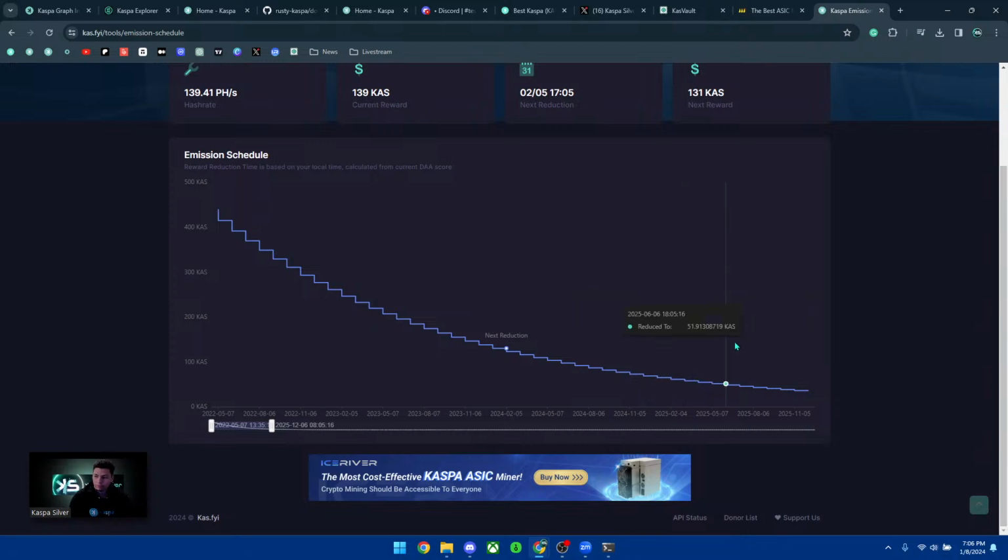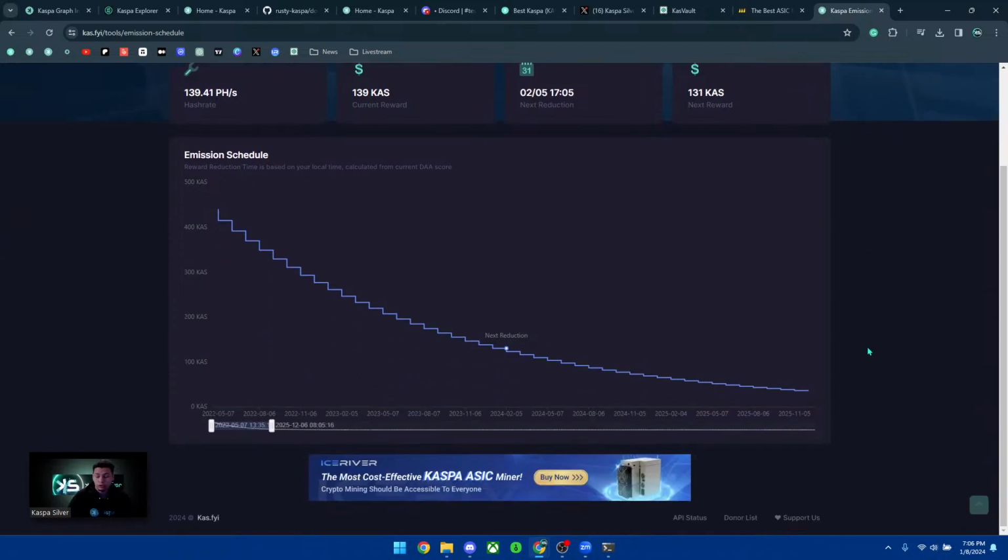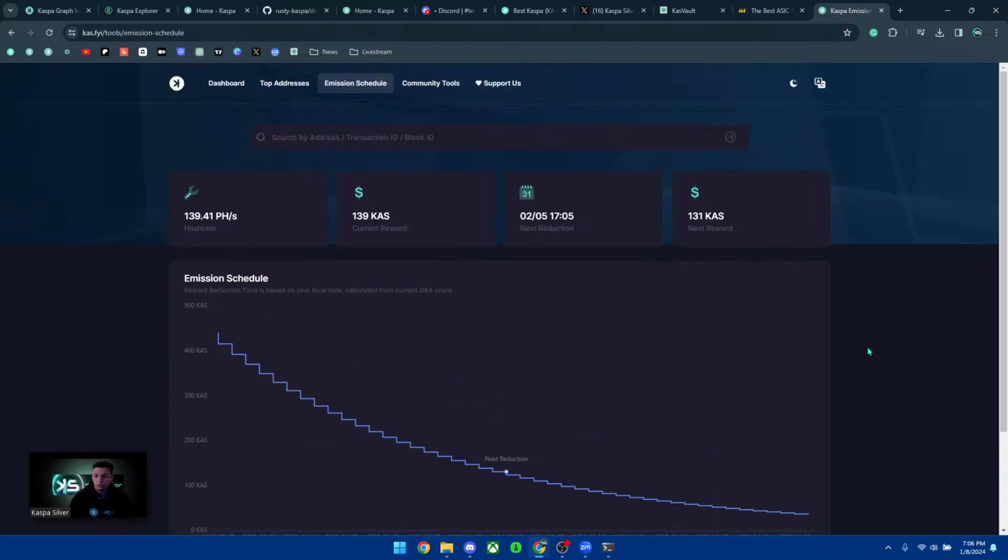And I would say by 2025 or 26, maybe even 2025, unless Kaspa price is at a significant price to sustain miners, we're going to use fees to generate revenue for miners.